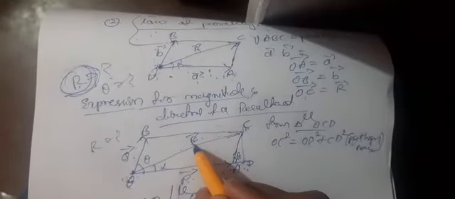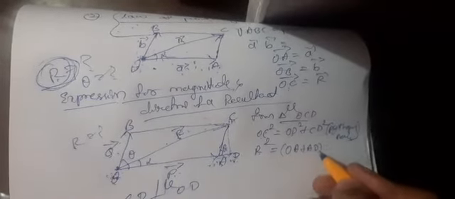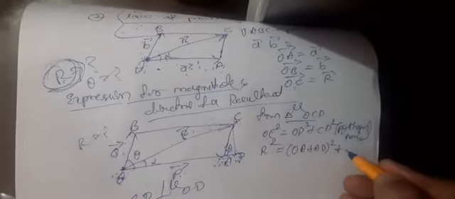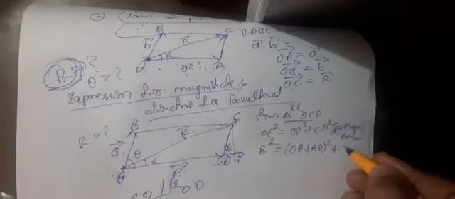The resultant force is capital R, so OC is written as R square. OD is written as the sum of OA plus AD. So OD can be written as (OA plus AD) whole square, plus CD square as it is.